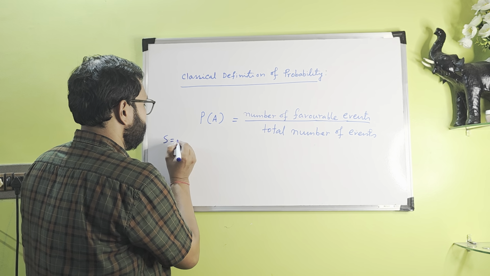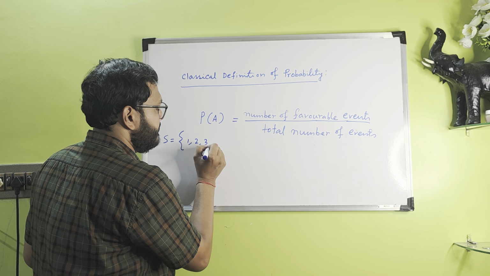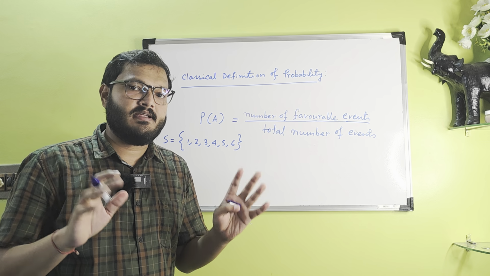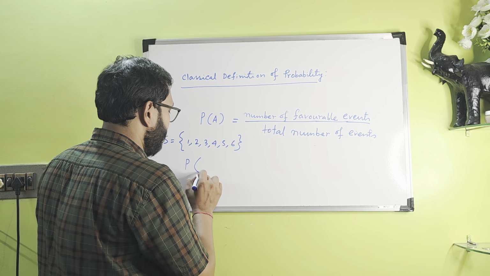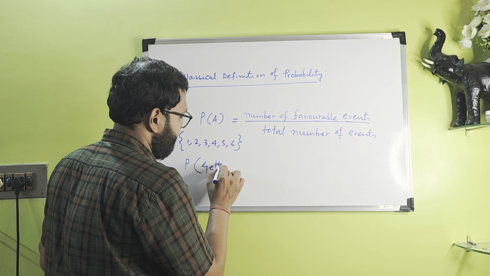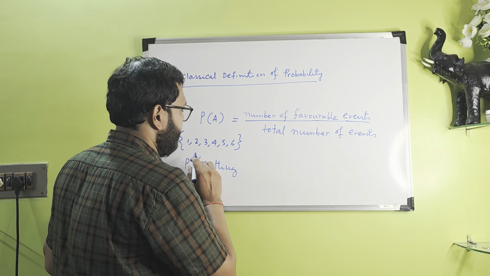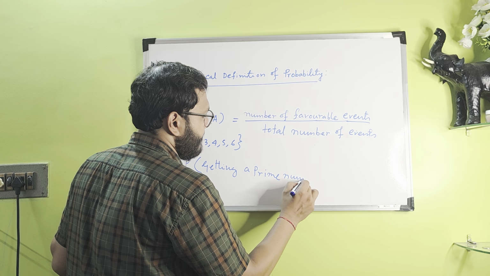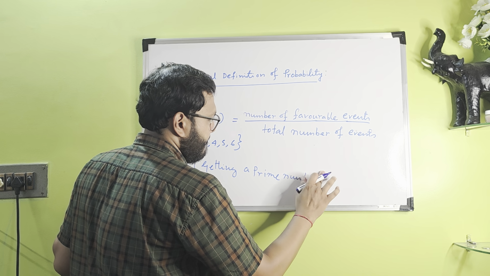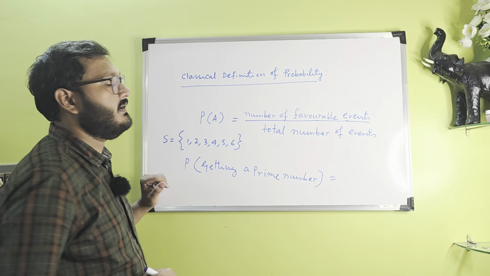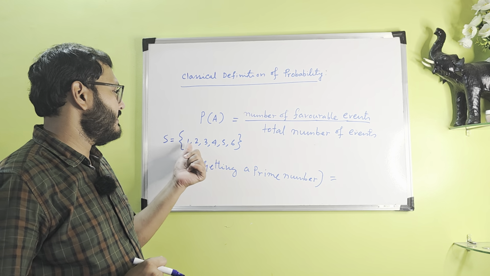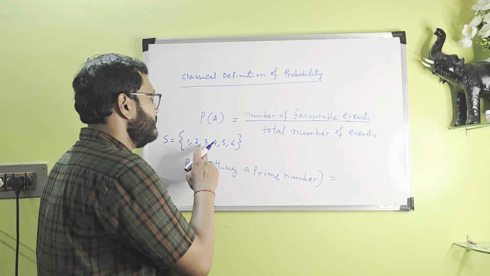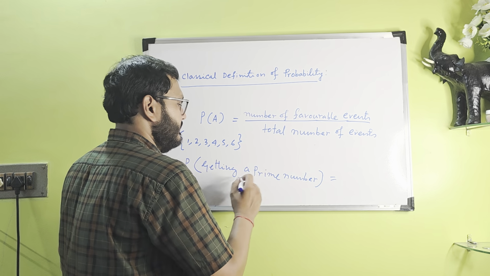Let us take another example. If I roll a dice, then what is the sample space? If you are able to write the sample space, everything is clear. Then what is the probability of getting a prime number? First, look at the sample space. Here, which are prime numbers? 2, 3, and 5.